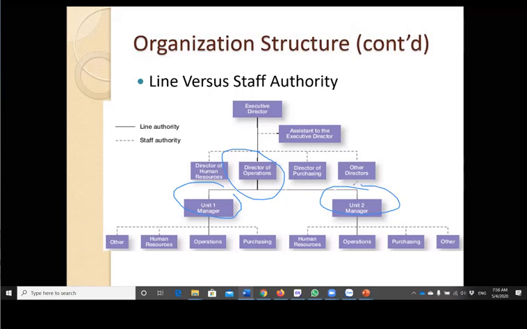And these two people in turn, for example this one, will work with this, this, and this. So the span of control for the director of operation is only two. The span of control of the unit manager will be four, if we assume that there's one person in each place here. Understand? Okay, good.